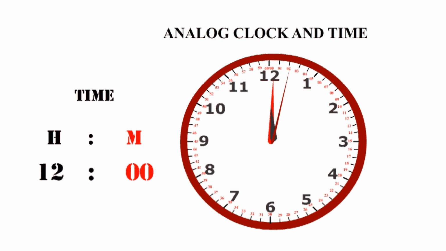There is a third hand, which is the seconds hand, but we will not talk about it in this video because people don't usually say the time in seconds unless such accuracy is required, like in sport races, like car races, 100 meters races, sport races generally, where seconds make the difference between the winner and the others.